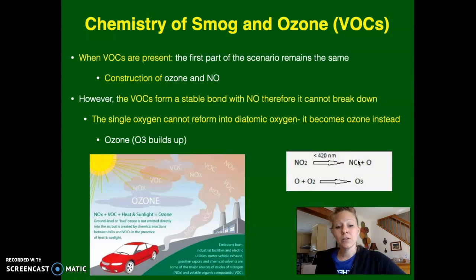And so the nitrogen monoxide is not going to be able to re-accept this oxygen, and the ozone is not going to be able to break down. Because of the introduction of these VOCs, this ozone builds and builds and builds. We don't have that build up and break down, and it accumulates and now becomes problematic.